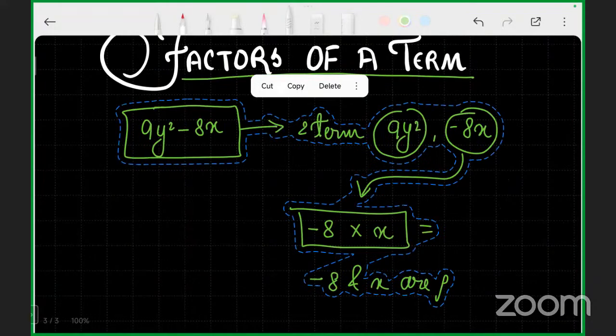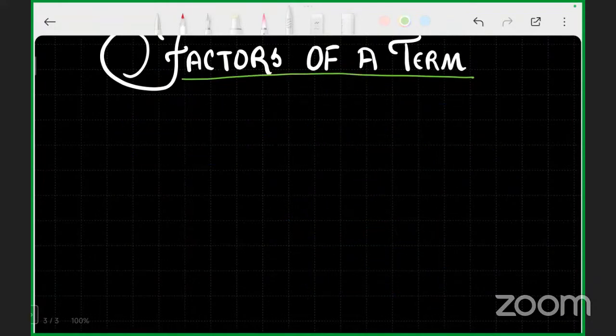I'll write a proper definition. This was just to explain to you. If you have written it, that's good. If not, that's good too, because we are writing the definition now.